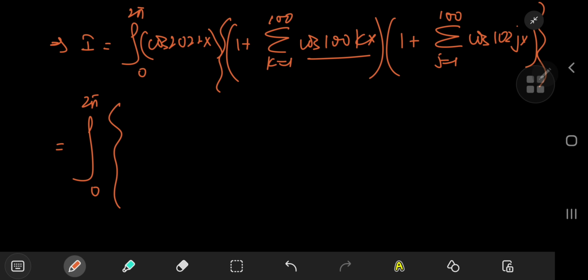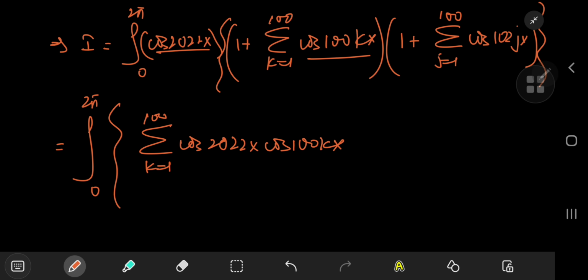And you have this sum over k from 1 to 100 of this cosine 2022x times the cosine of 100kx, plus, multiplying it out forward, the sum over j now from 1 to 100 of cosine 2022x times cosine 102jx.